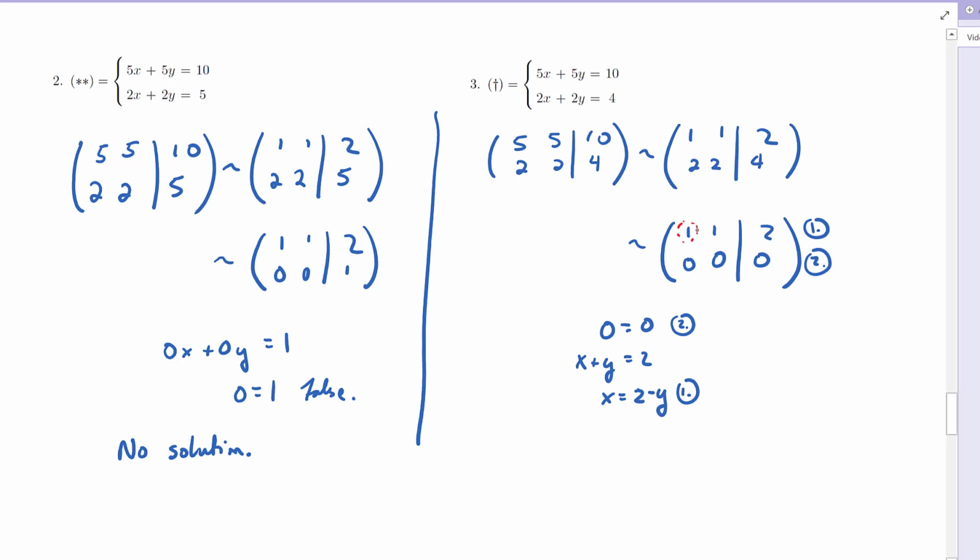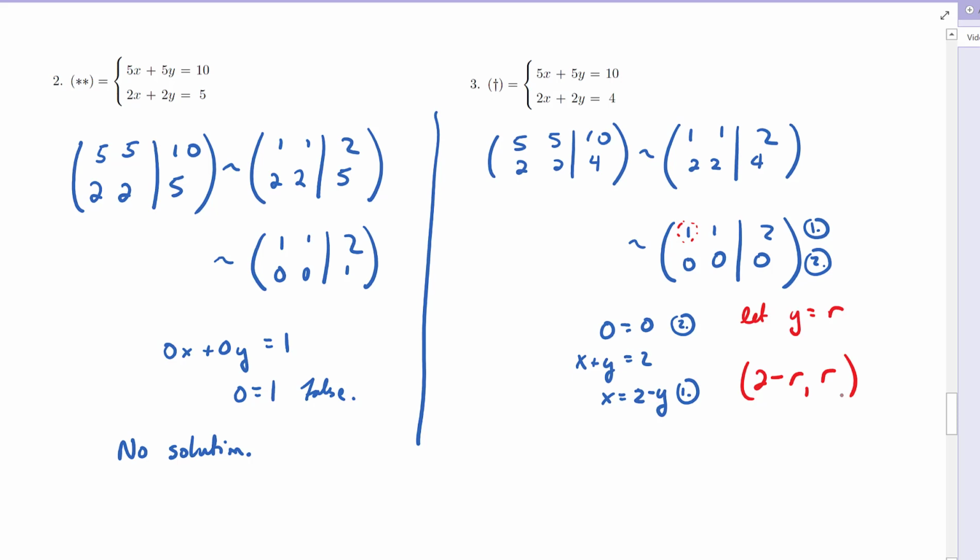Okay, so how would we represent the solution? Well, if we represented the solution as an ordered pair, notice that we can choose whichever value we want for y. There is no corresponding equation for y, so let's let y equal, say, r, like we did in the previous video. And so then we would represent our solution as 2 minus r, comma r.